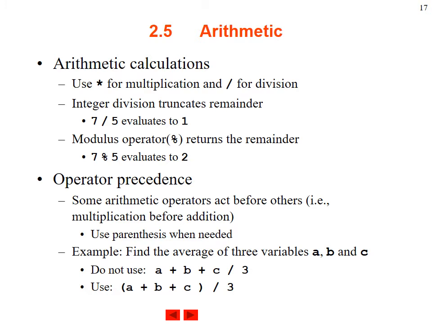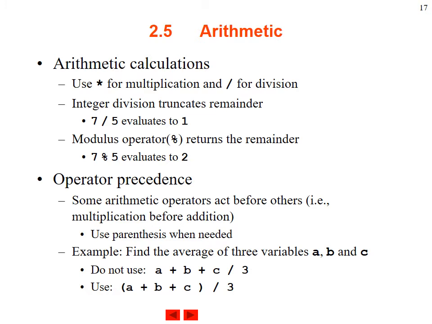So some arithmetic operators act before others, right? This is your BODMAS, the way you do it, multiplication, division, whatever, that's the same thing. So if you say a plus b plus c over 3, definitely it will evaluate c over 3 first, then a plus b plus that.